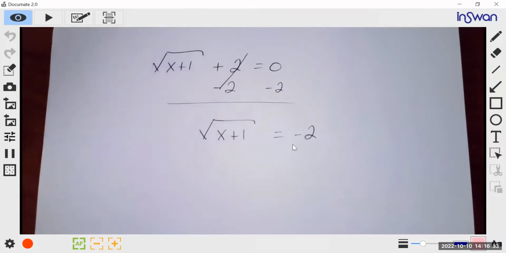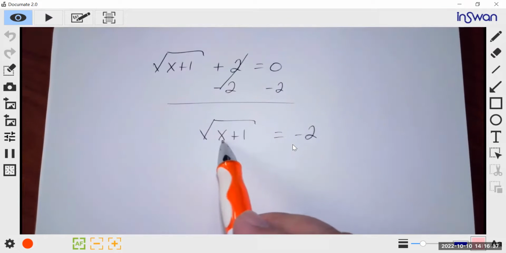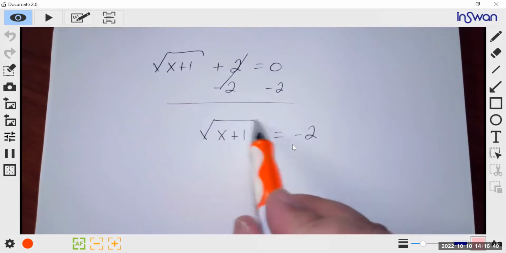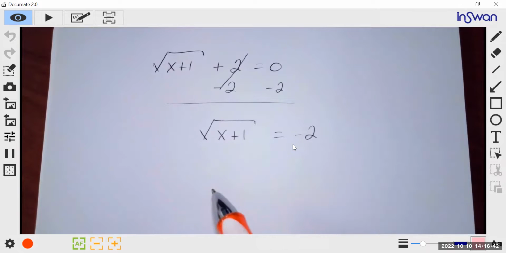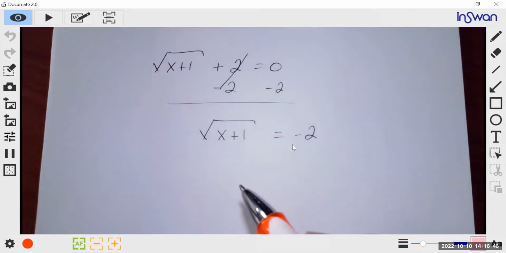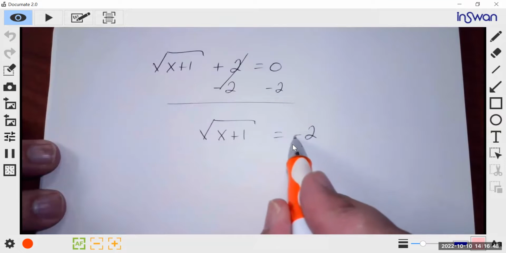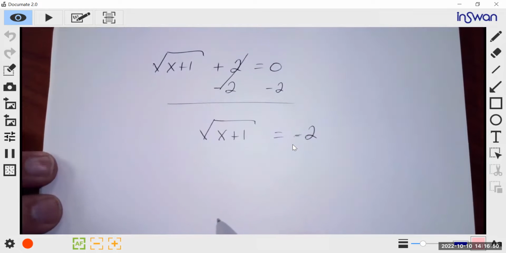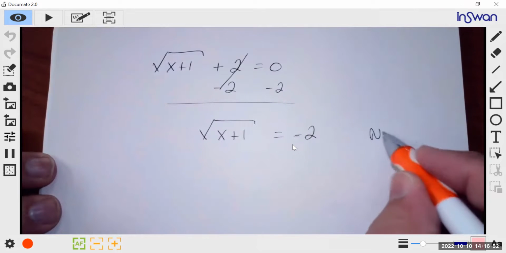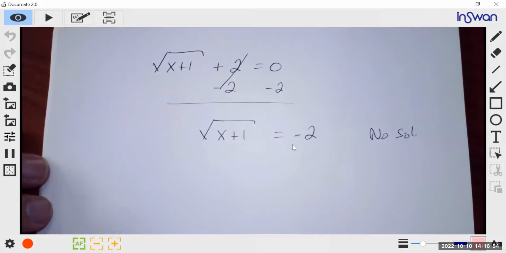What are you trying to get to? You have to look at the equation. You try and get to the x. Can you get to the x? No, the square root's there. How do you get rid of the square root? Square it. But you can't, because it equals negative. Square roots can never equal something negative. This one's no solution.